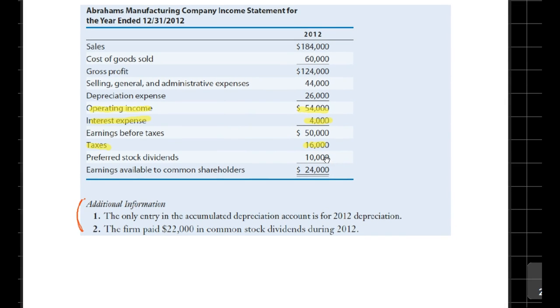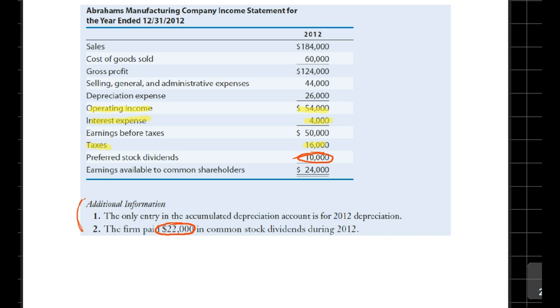Dividends paid has 2 pieces. The first is preferred stock dividends, which amount to $10,000. Second, the firm also paid common stock dividends in the amount of $22,000. We need to consider both of these in our calculations.